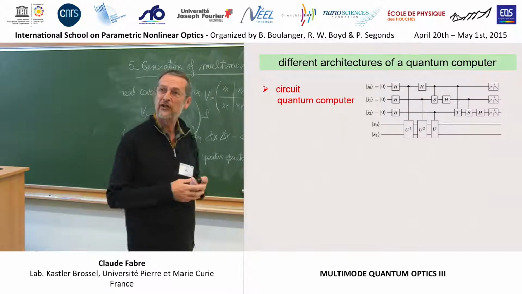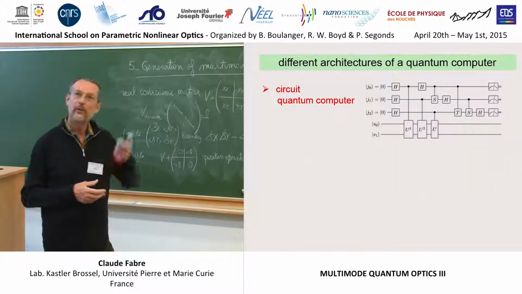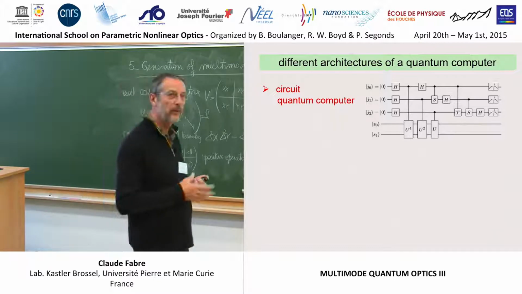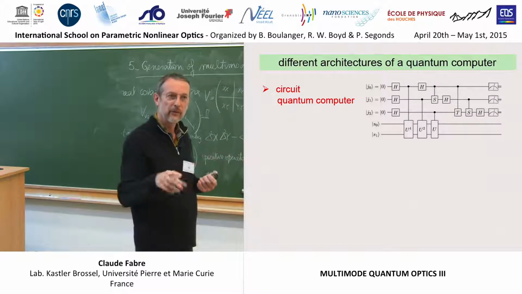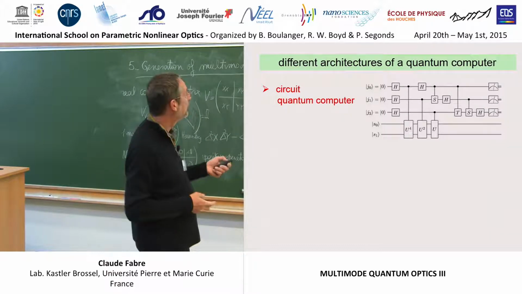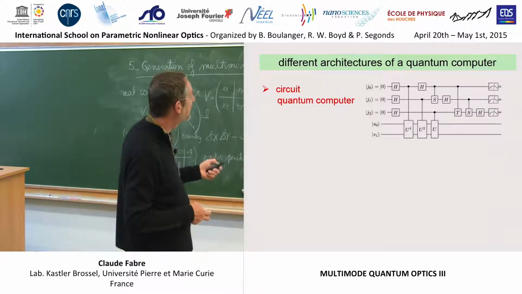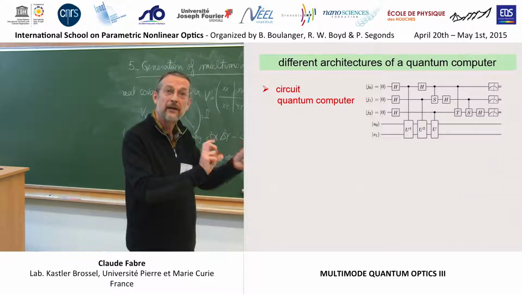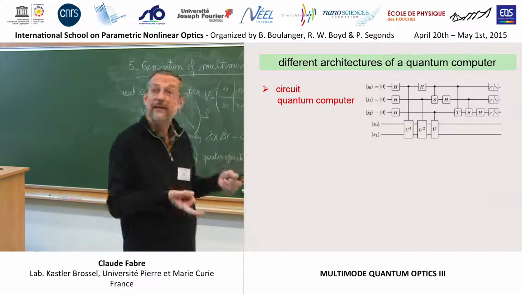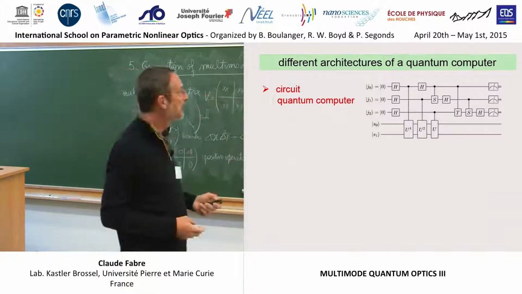There are different architectures for quantum computing. The most widely used one is just a transfer from classical computing to quantum computing, which is the fact that you enter information in different registers, different wires in your computer, and then you process this information by gates, okay? And you have successive gates.